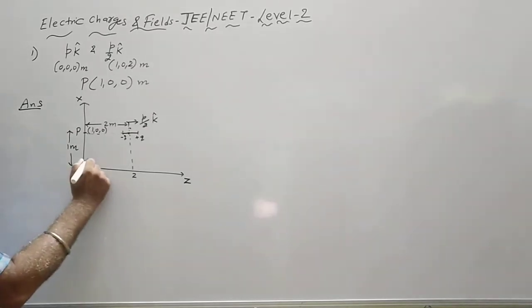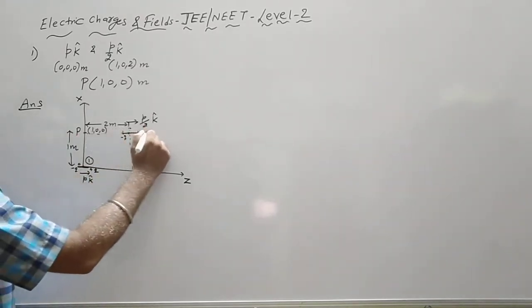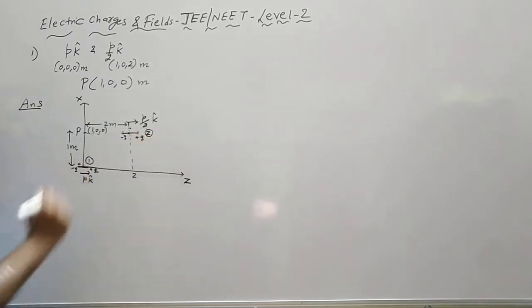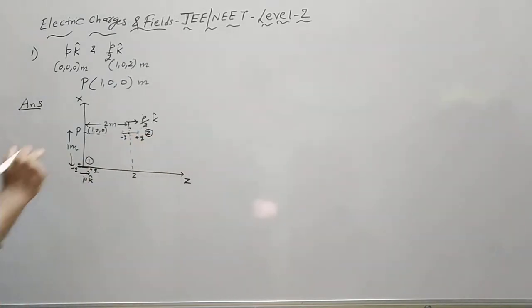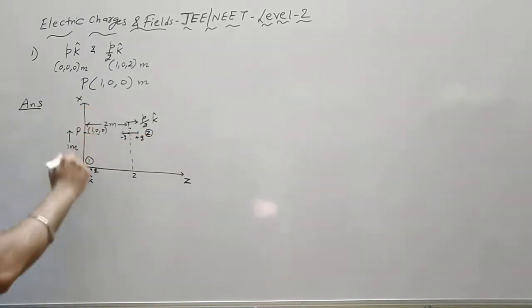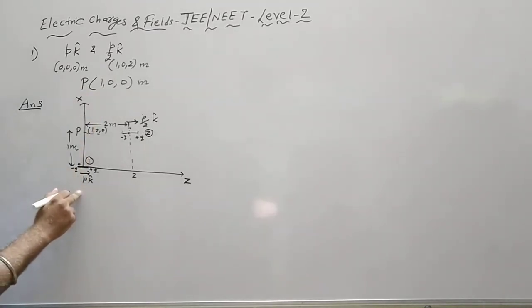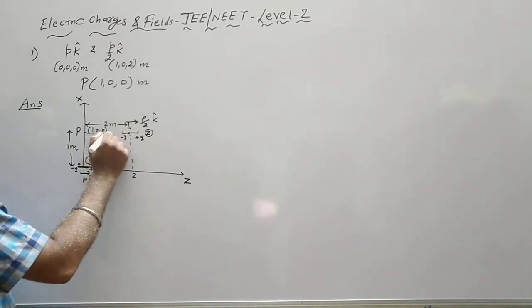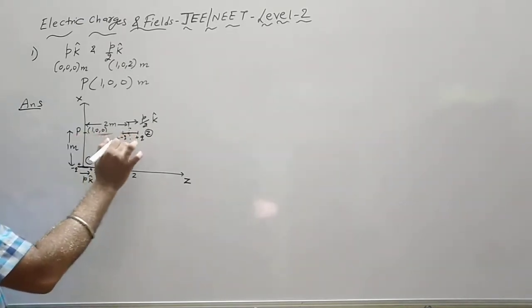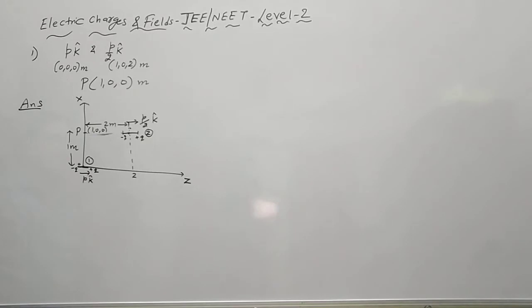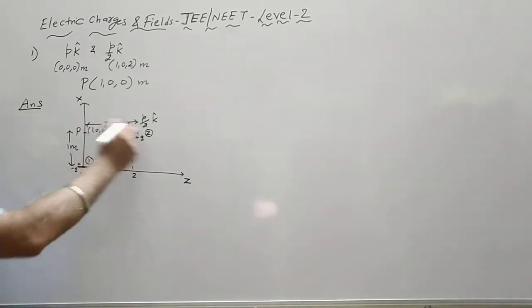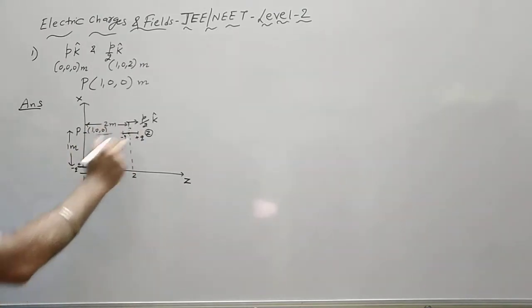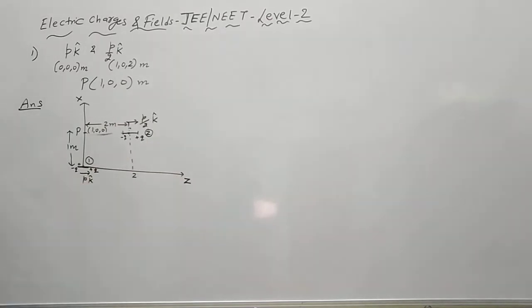Let us name this dipole as 1 and this dipole as 2. Electric field intensity at point P, which is on the equatorial line of dipole 1, will be the axial point for dipole 2. So point P is on the equatorial line of dipole 1, and it is on the axis of dipole 2. Now the dipole moments are in the same direction.